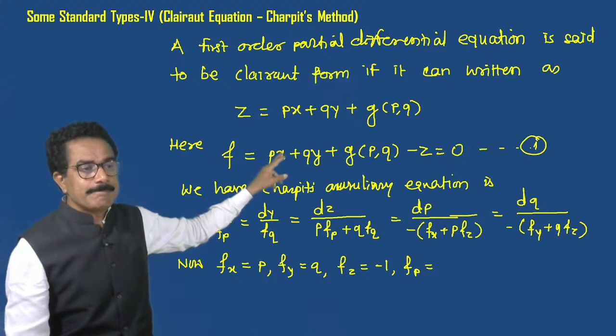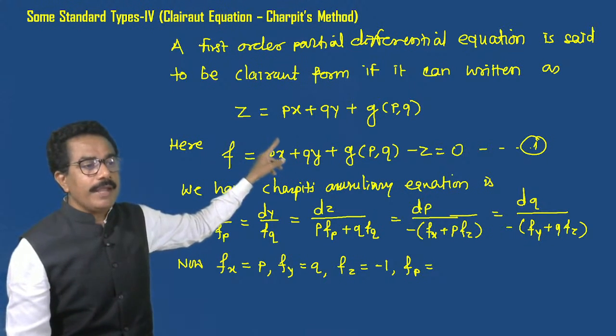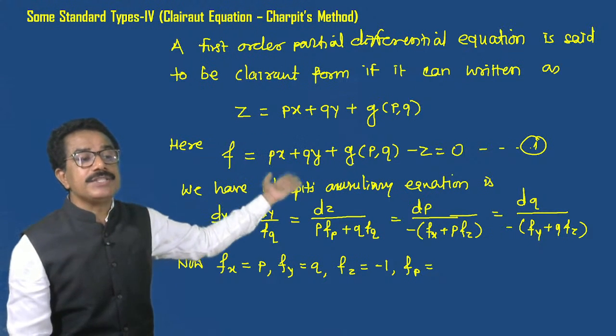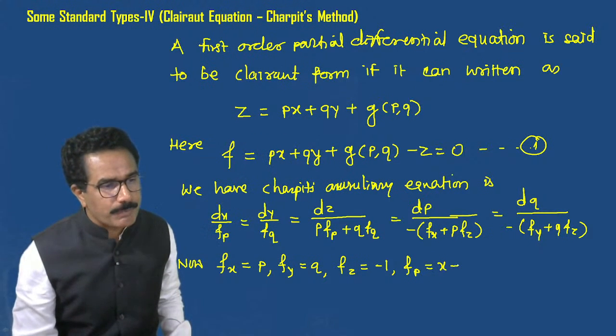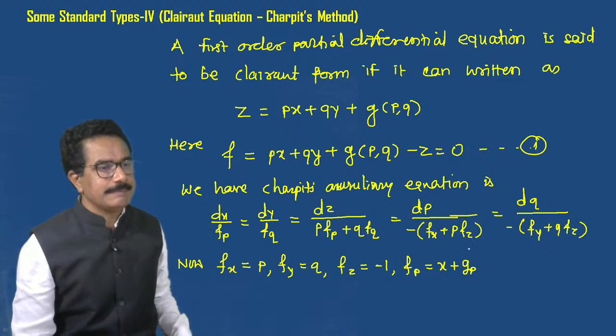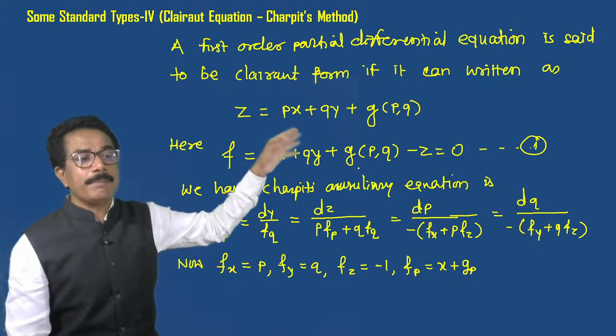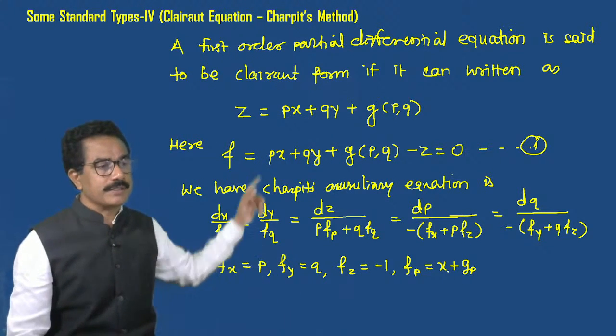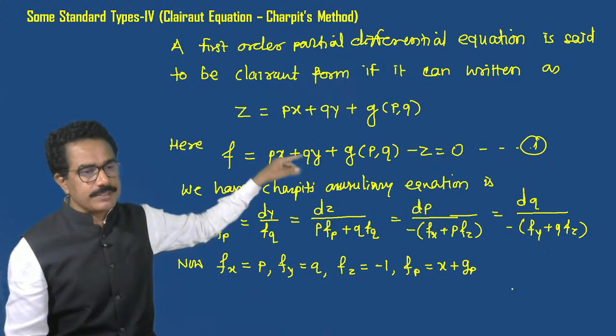Again here p is x, and gp means x plus g of p. G is a function of p and q, so we can write x plus gp.